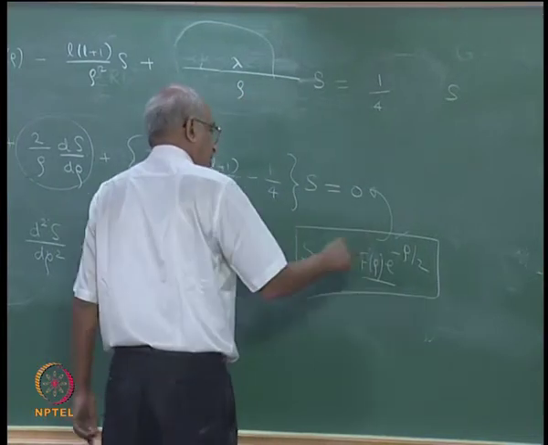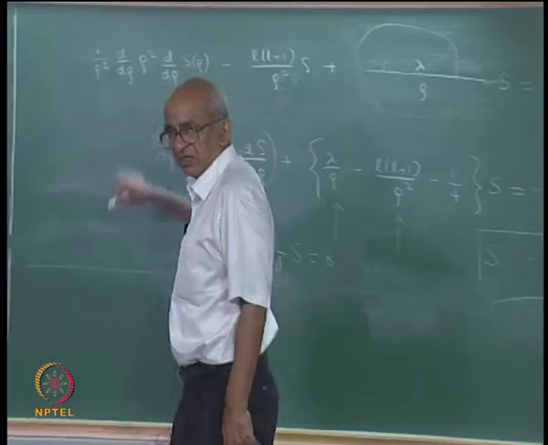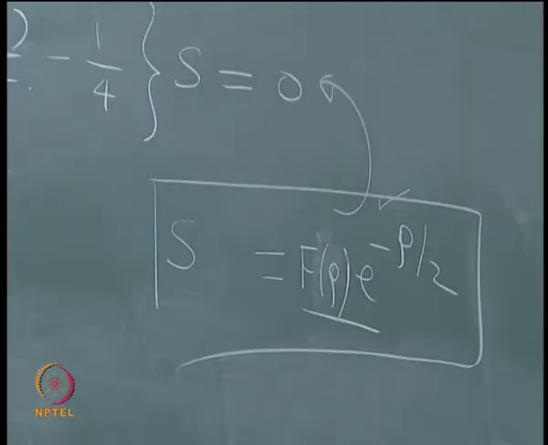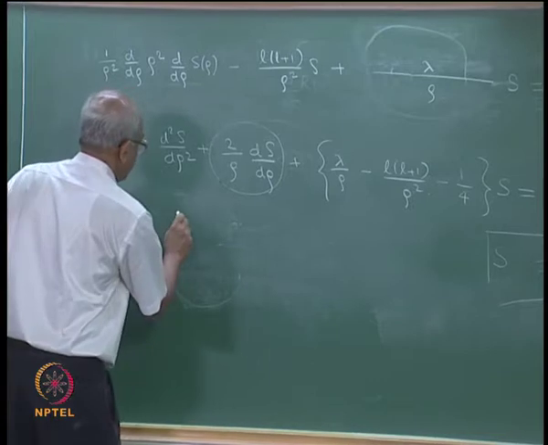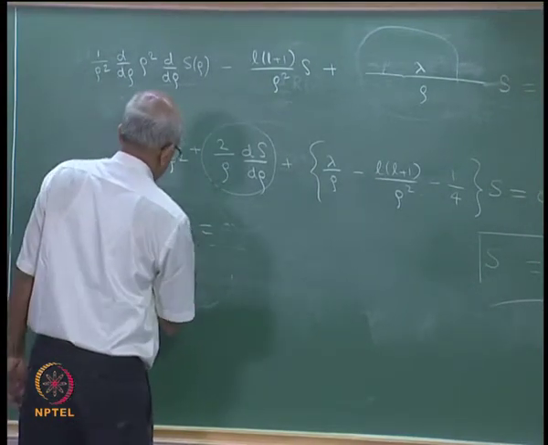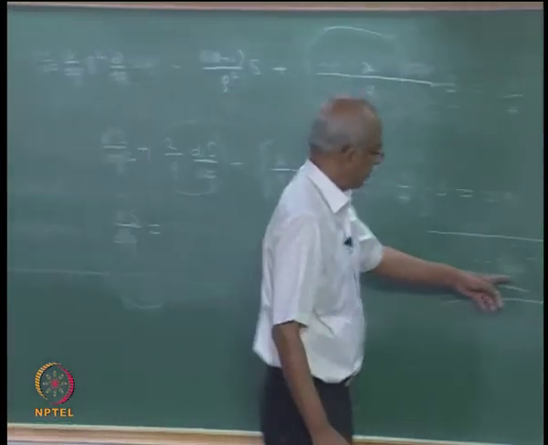So, what I now have to do is take this and put it into the differential equation and find the equation for capital F. So, let me do that. What I will do is, first of all, take the derivative of S with respect to rho, assuming S is given by this expression.